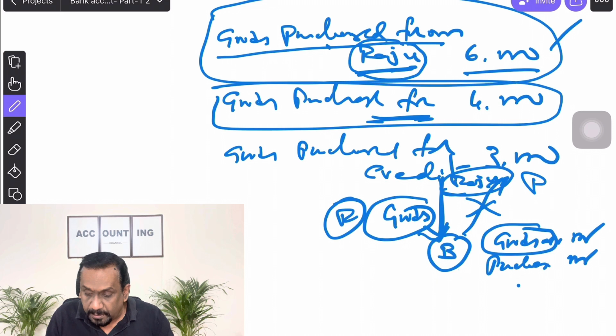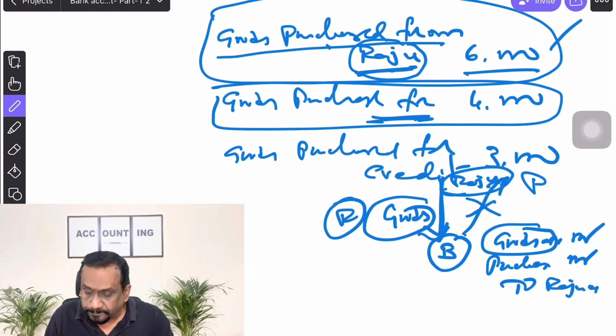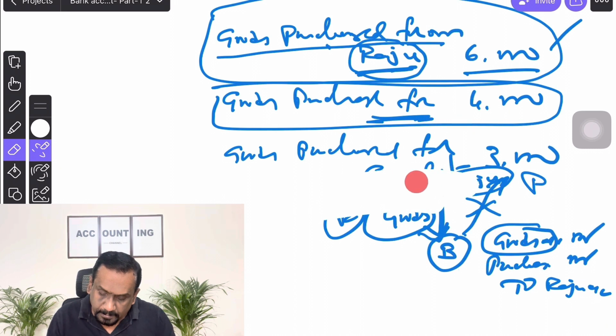Purchase account debit. Second, who is the giver? Raju. Since Raju is the giver, he comes under personal account. Principle, debit the receiver, credit the giver. Raju is the giver. So, to Raju account. This is the entry. Clear? Right. Next.